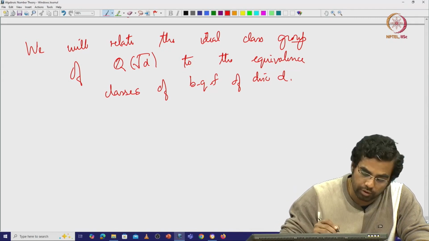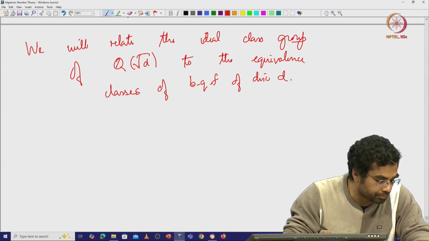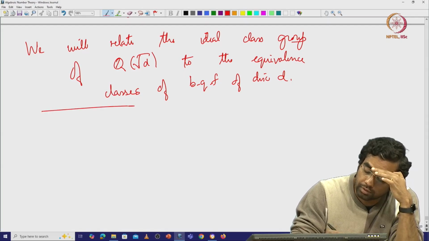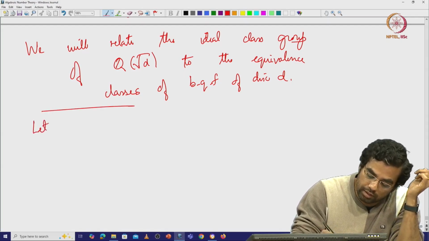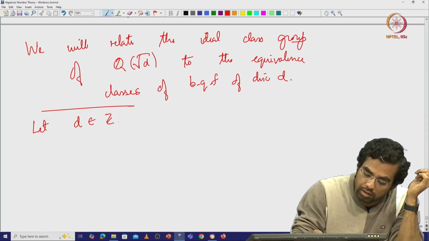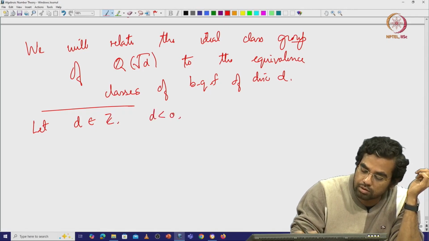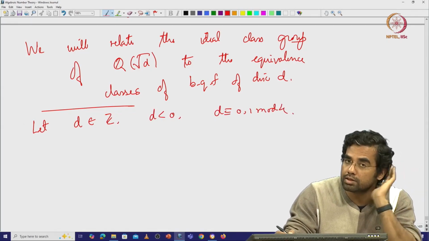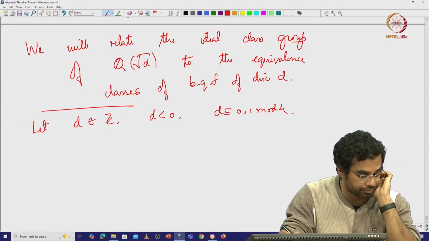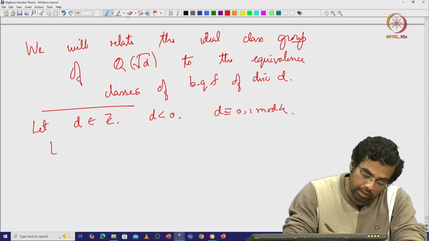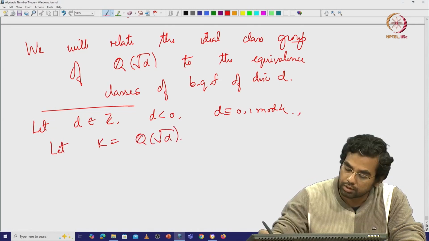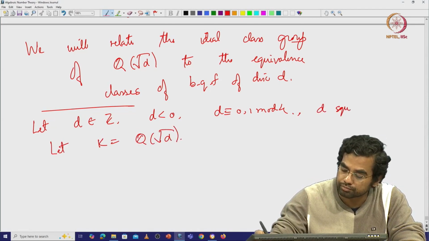Yes, so we can do the following. So, let d be an integer, d less than 0, and d is congruent to 0 or 1 mod 4. So, that is how we know that it is going to be a discriminant, and let K be Q square root of d.